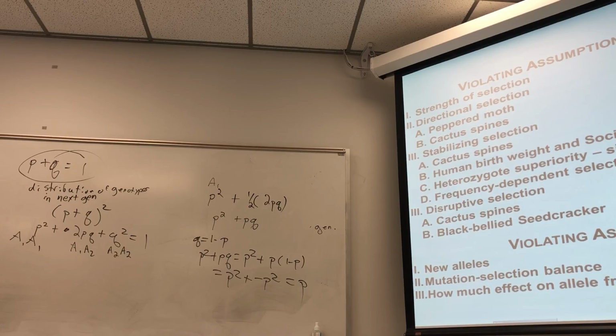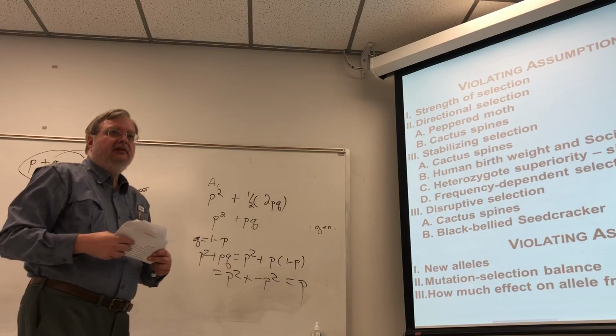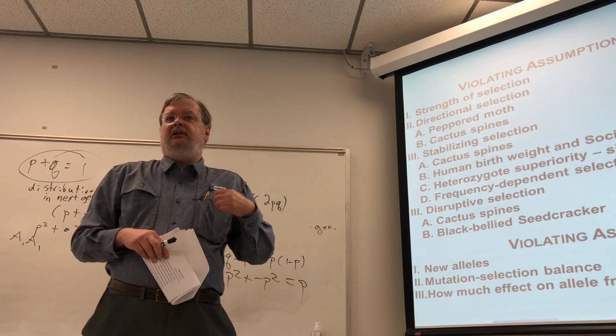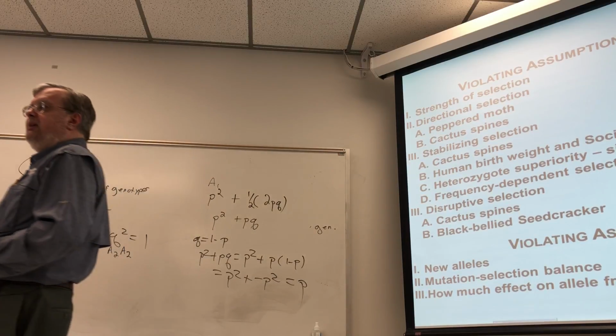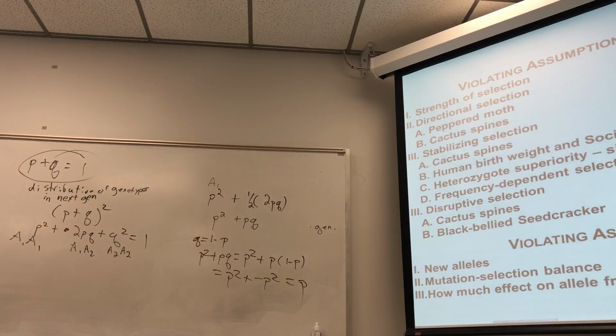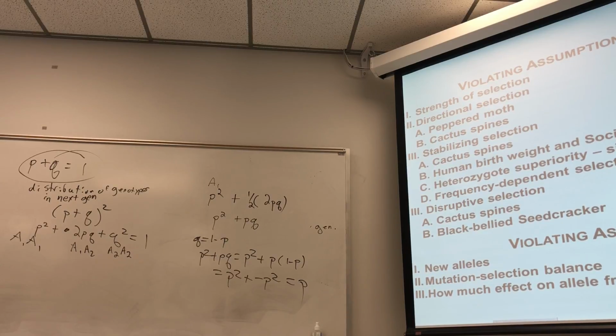How much pressure is being put on the population by the environment? Stronger pressure will lead to a more rapid evolutionary change. Of course, if pressure is too strong, you might end up with extinction. But assuming that evolution can occur and adaptation can occur, stronger selection makes more obvious modifications and more quickly.